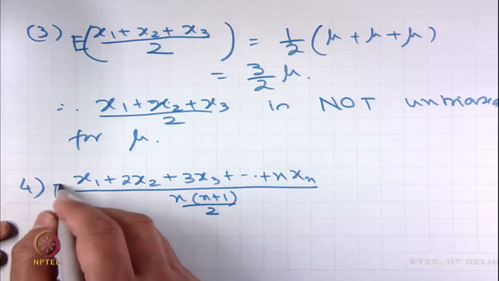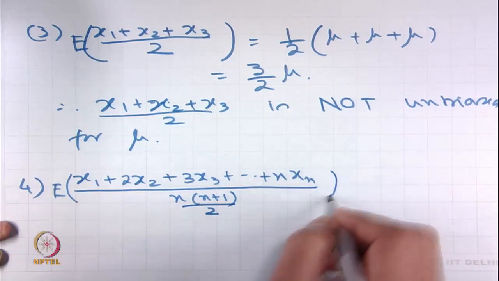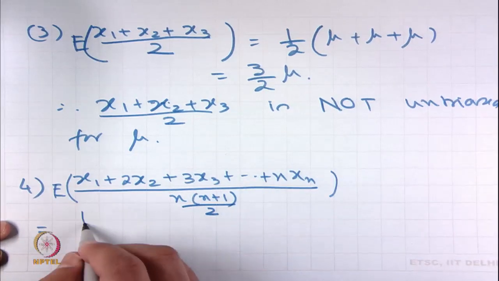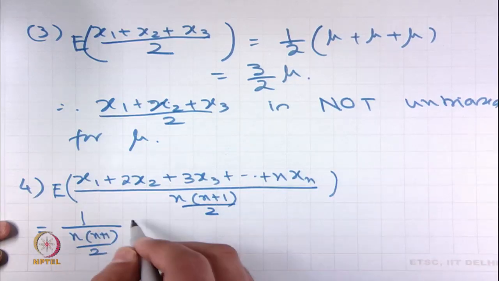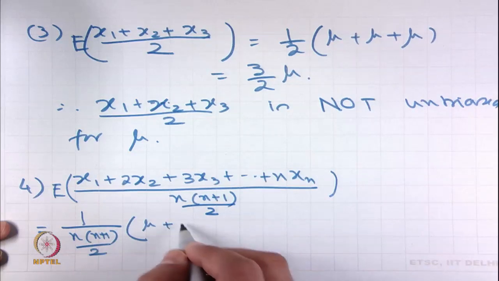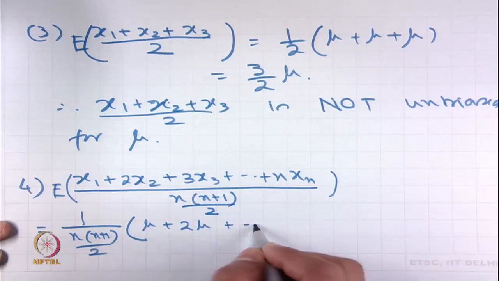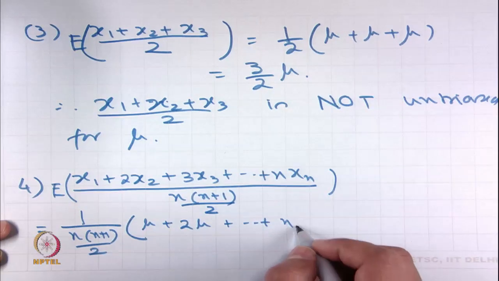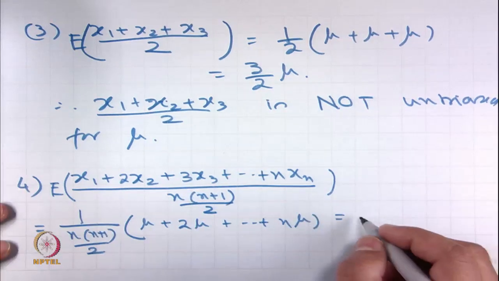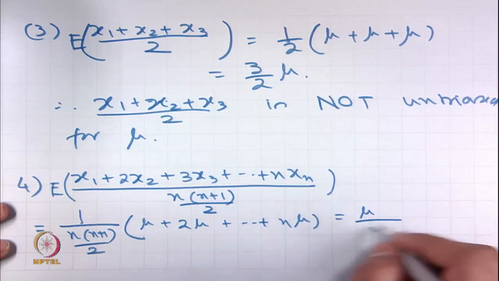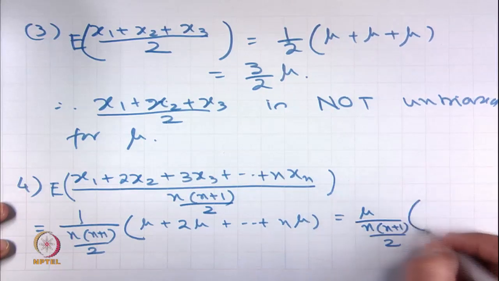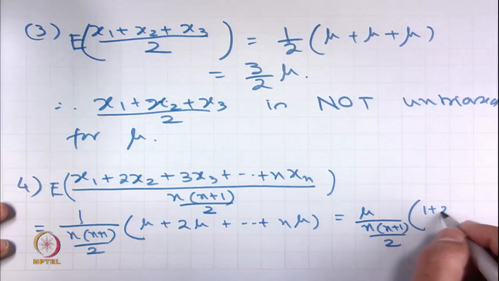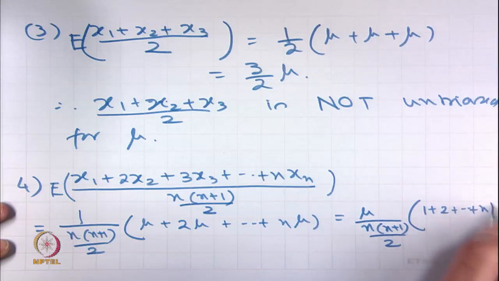Its expectation is equal to 1 upon n into n plus 1 by 2 multiplied by mu plus 2 mu up to n mu, which is equal to mu upon n into n plus 1 by 2 into 1 plus 2 plus up to n.